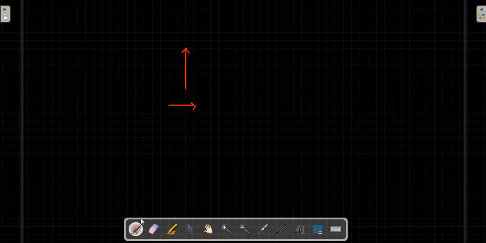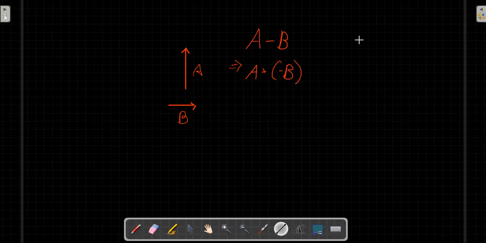This will be vector B. Then, in this case, A minus B, otherwise known as A plus negative B, would be the same thing. You would take A, 1, 2, 3, 4, 5, and attach to the tip of it negative B, which is 3 to the left. So this will be 1, 2, 3.